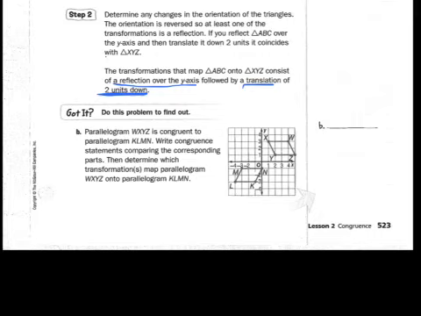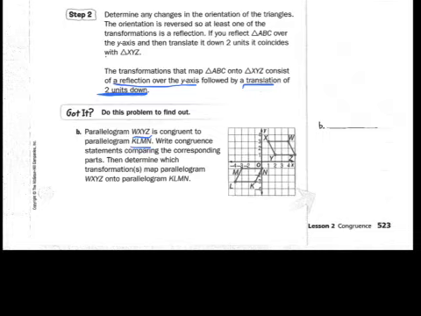Okay, let's look at this next one on part B here. We've got 2 parallelograms, and this one's a little tricky, so it's really important that you look at the letters in the directions. WXYZ and KLMN.